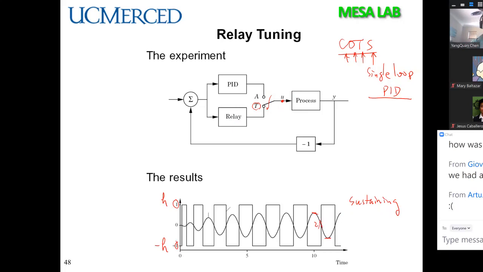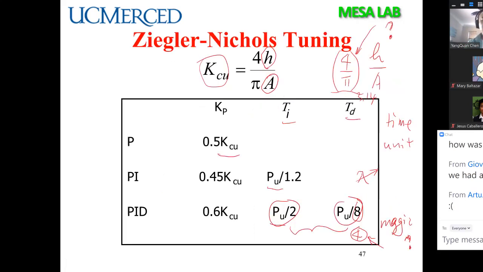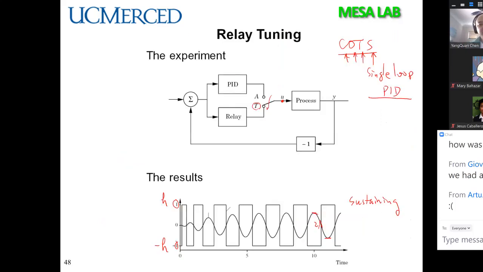Then you go back and use this formula and this table and decide what controller format you want to use. Then you can get all the required PID parameters. This is also called PID parameter setting or auto tuning. This kind of automatic tuning is a standard feature now in the commercial single loop PID controller you can buy from the market.